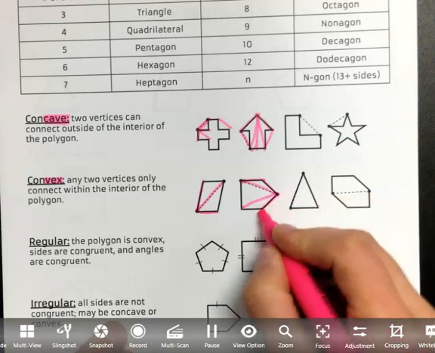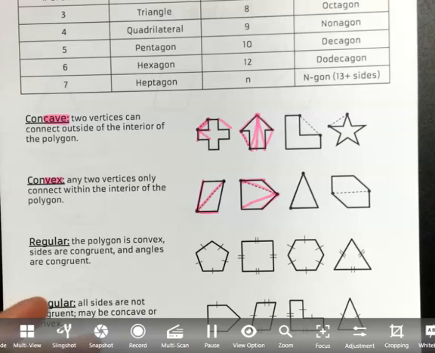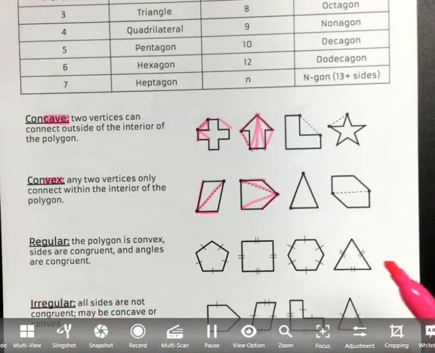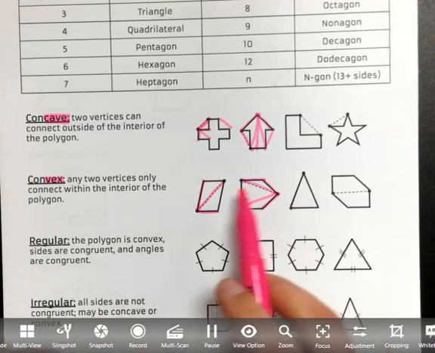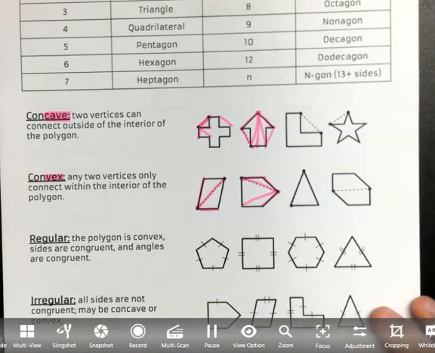Right? Every way we try to connect, it's always going to be inside or on the line. Okay? So either you can be like, oh, it doesn't cave in anywhere, therefore it's convex. It bulges out, and it's convex. Or you can use the actual definition, you cannot connect any points on the outside.